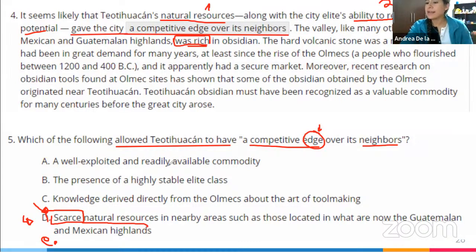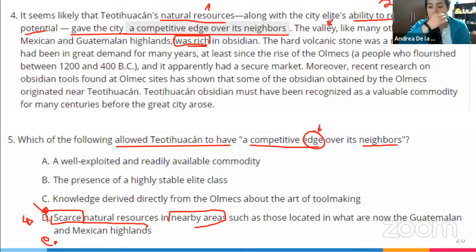Then they say located in nearby areas, such as those located in what are now the Guatemalan and Mexican highlands. So, were these natural resources located in nearby areas, or were they located in the valley itself? That's another question, right?